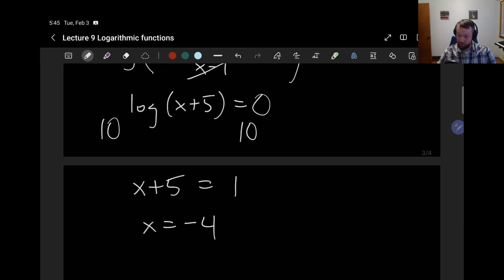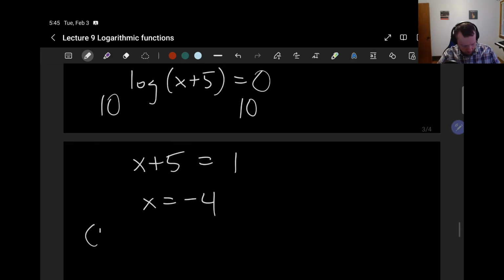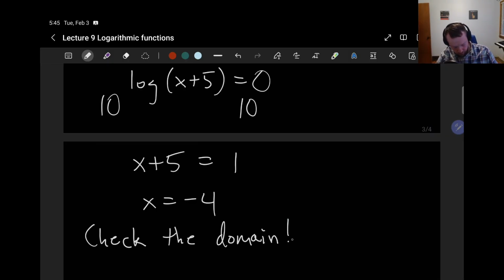Now, we must be very careful when solving these log problems. This is because the logs are very particular. You can only plug in certain things to them. We need to check the domain. And domain means allowed x's, which you can plug in.